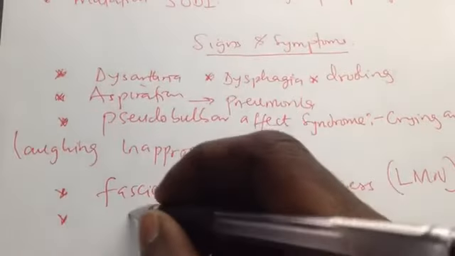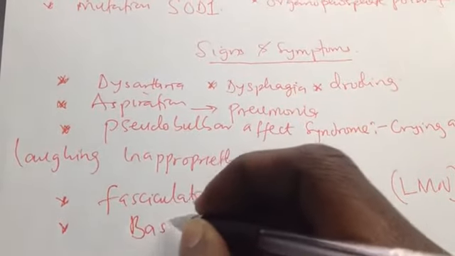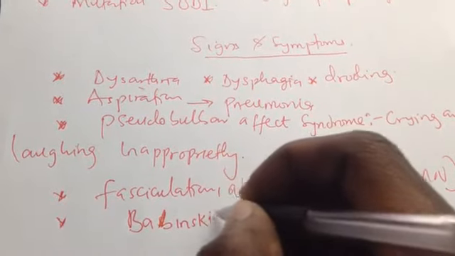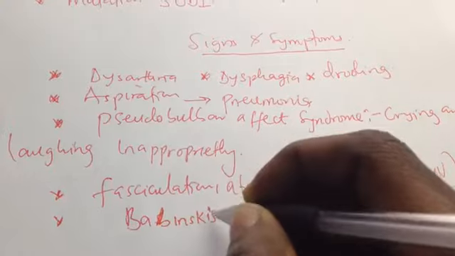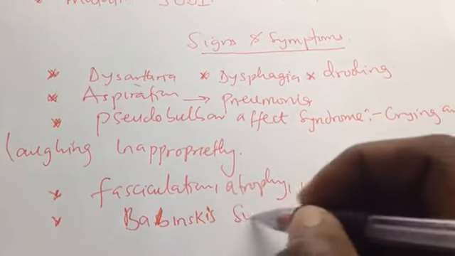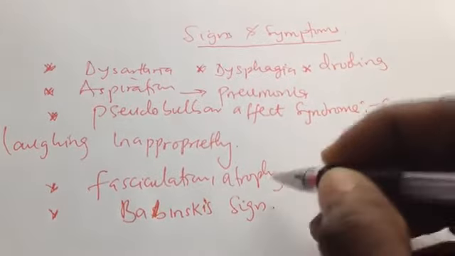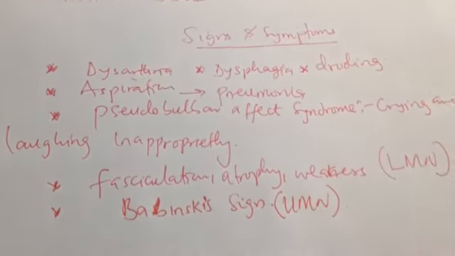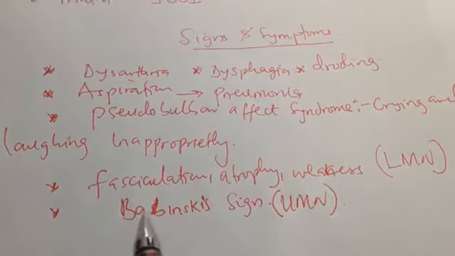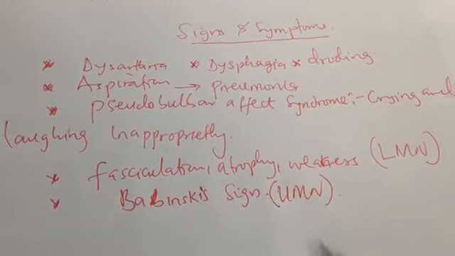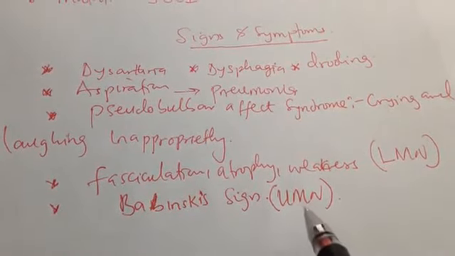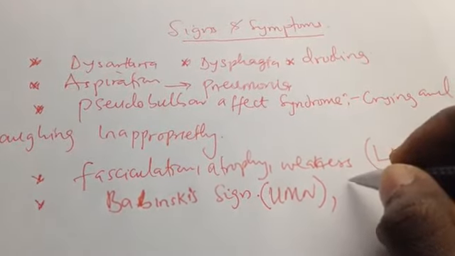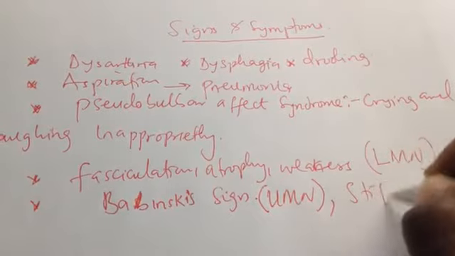For example, Babinski sign. This Babinski sign is a classical sign of upper motor neuron damage. So the patient will have this Babinski sign, which is typical of upper motor neuron damage. And then we have another sign of upper motor neuron damage called stiffness of the muscle.